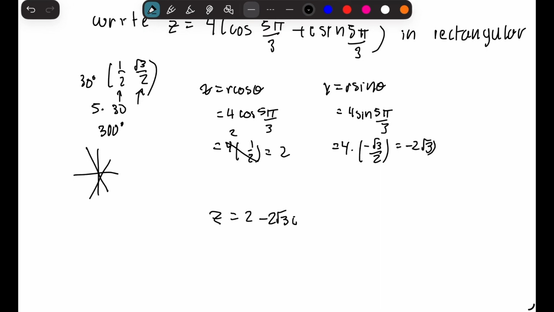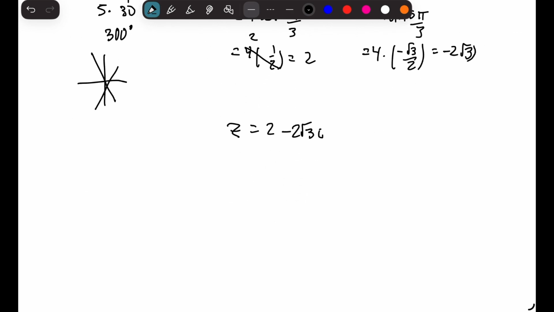So you have 4 cosine 5 pi over 3, and that's going to be 4 times 1/2, that's going to equal 2. And then you're going to have 4 sine 5 pi over 3, that's going to be 4 times negative root 3 divided by 2, that's going to be negative 2 times root 3. And then that's going to give you this point, z is equal to 2 minus 2 root 3i.